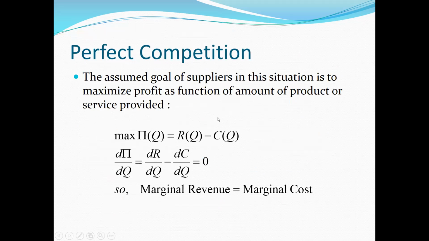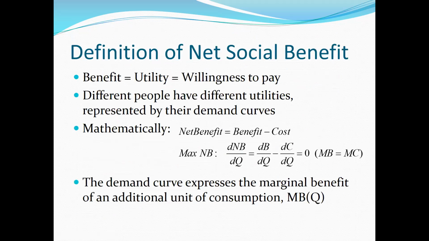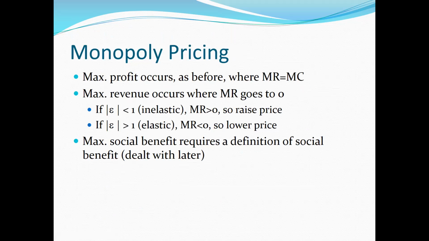Even if you have competition or no competition, maximizing profit still happens when marginal revenue is equal to marginal cost. But sometimes you might have other objectives, such as maximizing revenue. And some transit company may not want to maximize profit, but instead might want to maximize revenues.